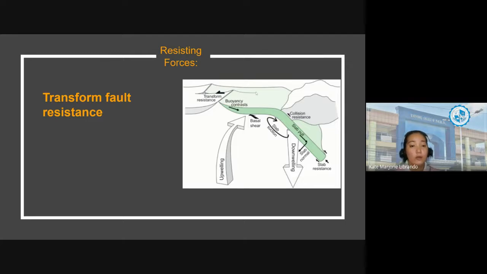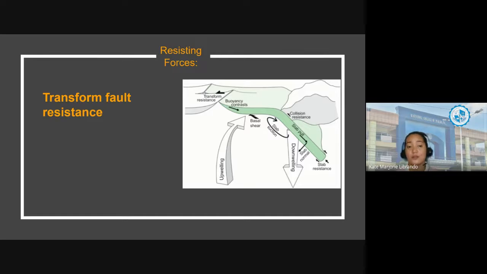Now, we all know what is transform plate boundary, right? We have those three. First is the convergent, wherein two plates collide towards each other, and then divergent, wherein two plates move away from one another, and then the last one is the transform fault boundary, wherein two plates pass through each other.